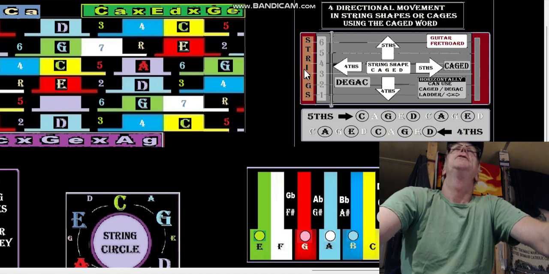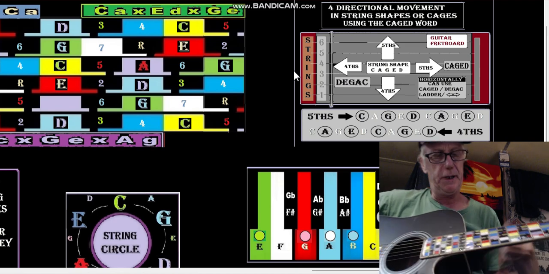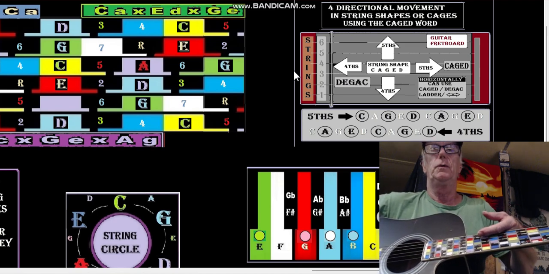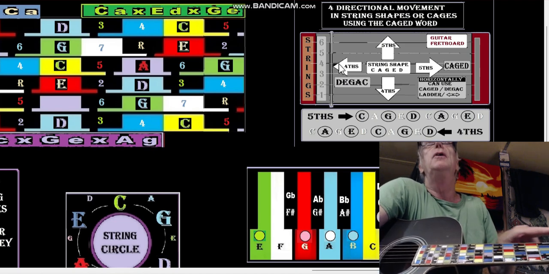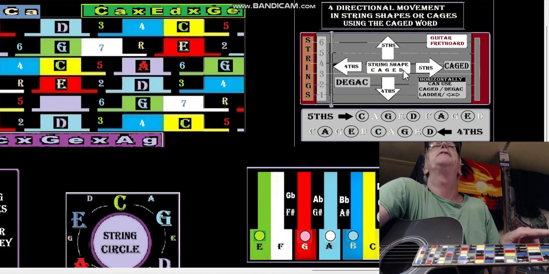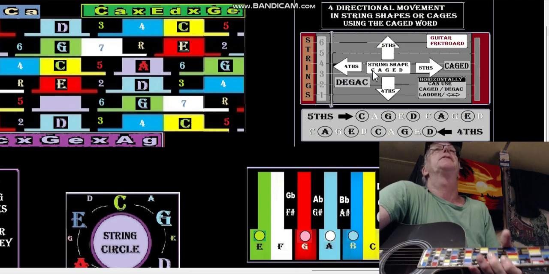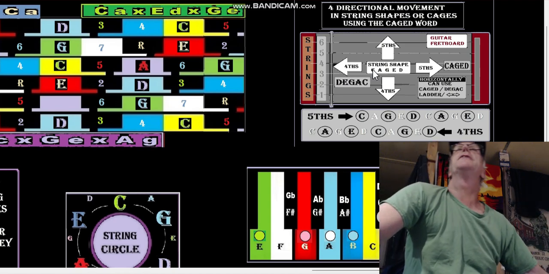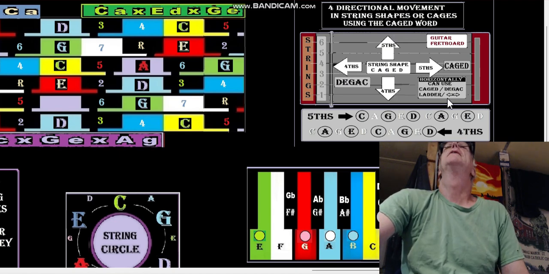If we go towards the nut down here, going forth, we use the pentatonic scale, D, E, G, A, C, backwards. Whether it's minor or major, it's going to follow a pentatonic scale like that. And of course fifth goes up in strings and fourth goes down in string shapes.